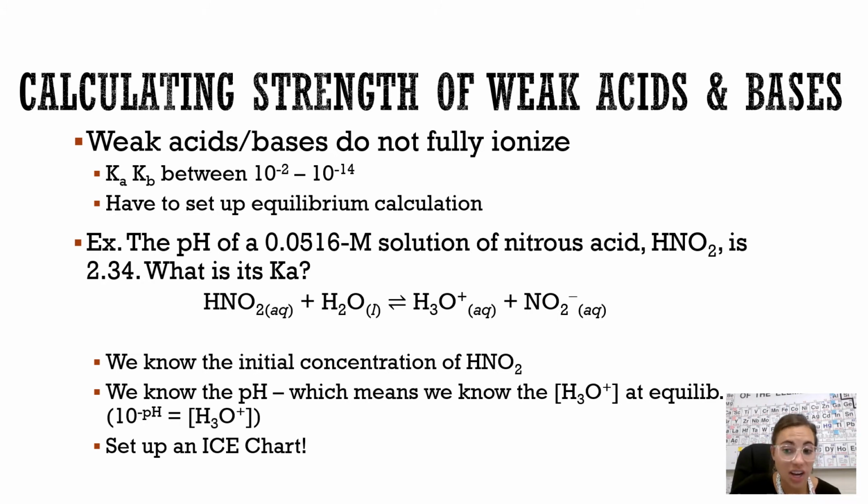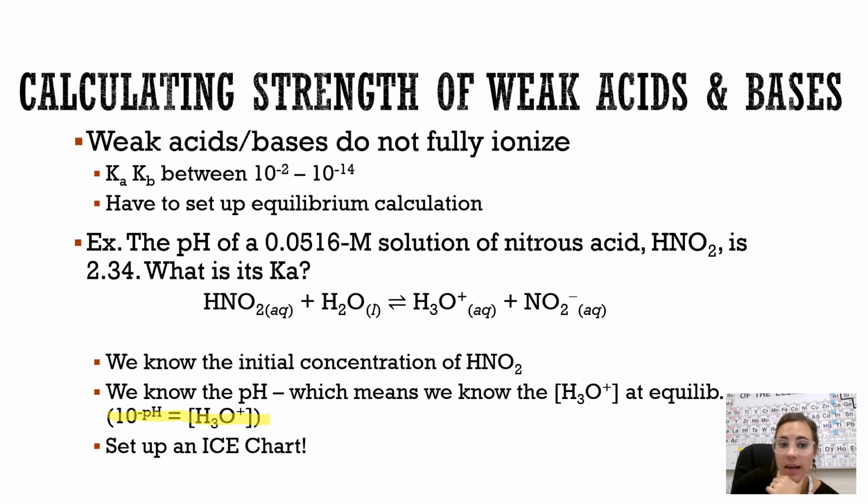This is just like last unit when you were given the initial concentration and one of the equilibrium concentrations, and I'll show you how. Because we know the pH, we can determine the concentration of H3O+, because if we take 10 to the negative pH, that will tell me the concentration of H3O+ at equilibrium.